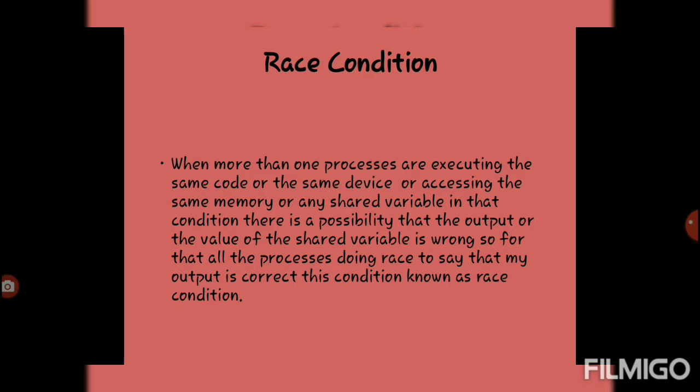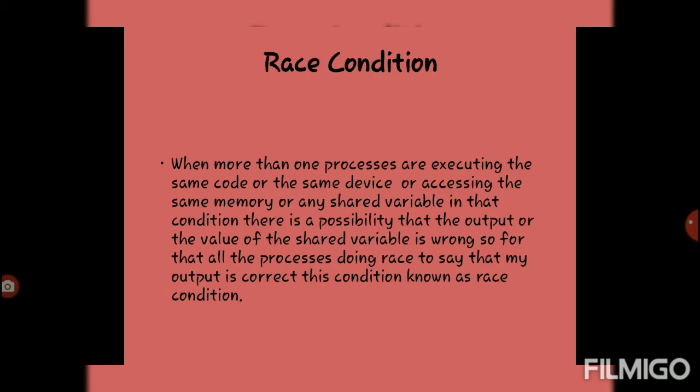For example, take an IO device like a printer. If both processes want the printer, which process will get it first, process 1 or process 2? On what basis will it be supplied? That is called race condition.